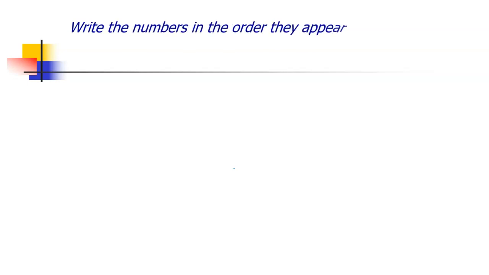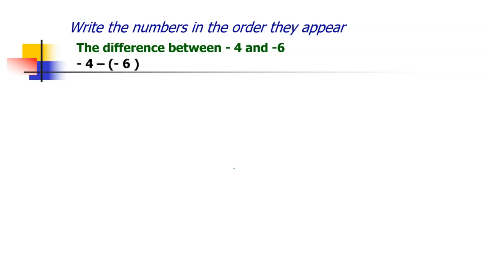So first, I'm showing you the phrases that you have to write with the numbers in the order in which they appear. Here's our first one. The difference between negative 4 and negative 6. Whenever the difference between is used, you just keep the numbers as is, and in between just use the subtraction sign. So this is how you write.